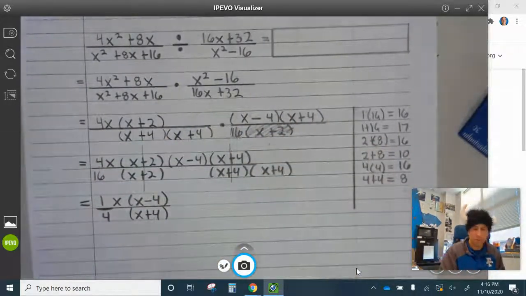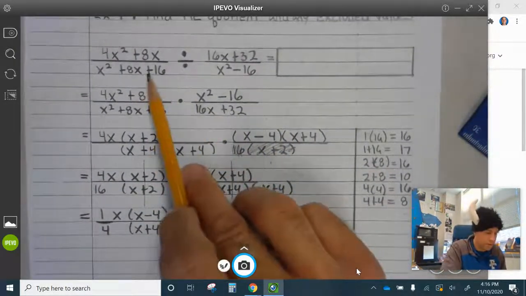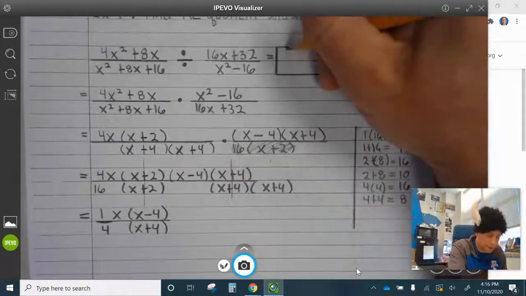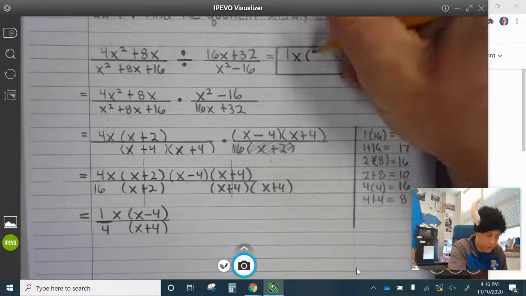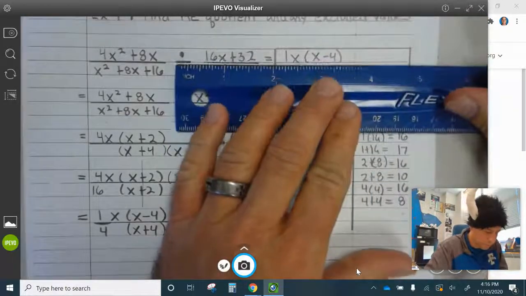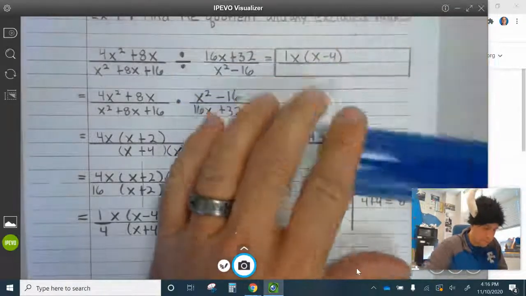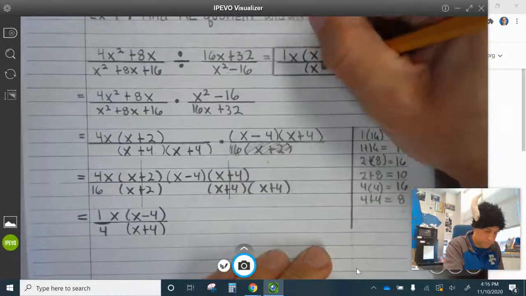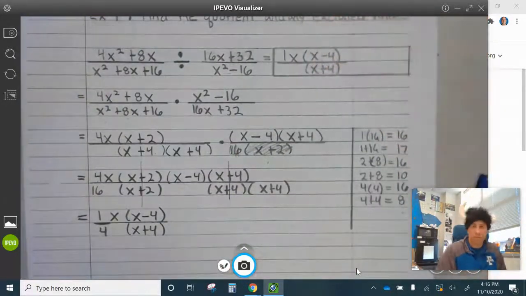So this divided by this equals 1, x times x minus 4 divided by x plus 4.